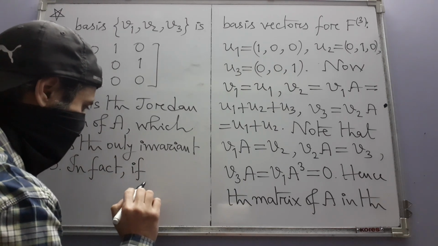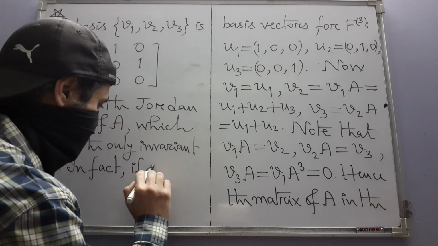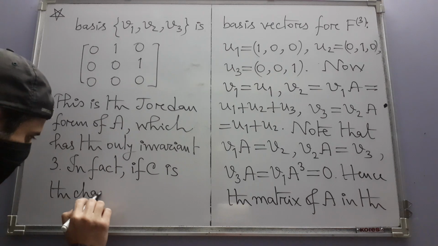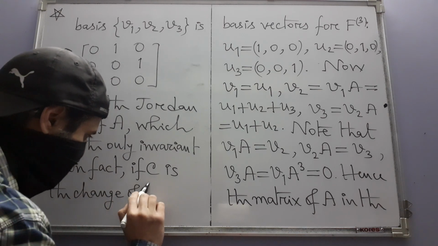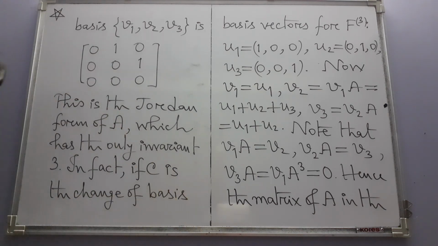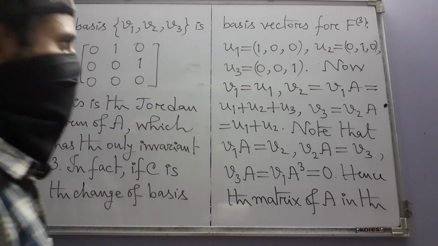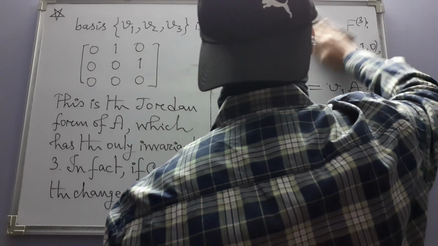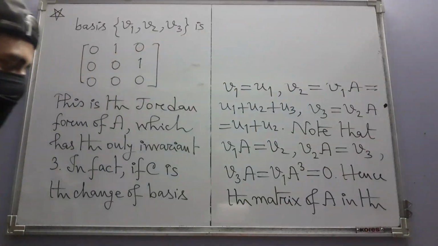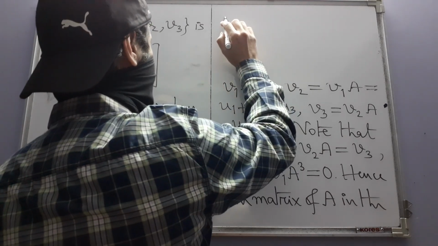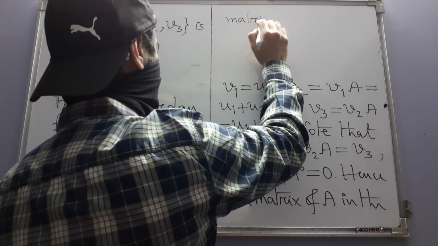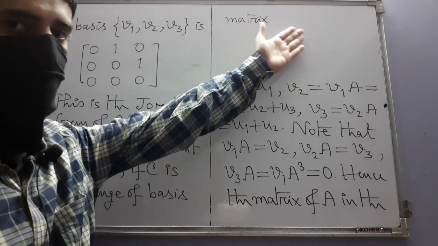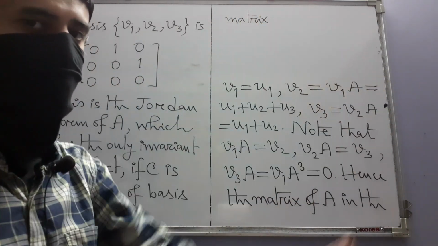Let me call that matrix C, if C is the change of basis matrix from the basis U1, U2, U3 to V1, V2, V3, it's understood.